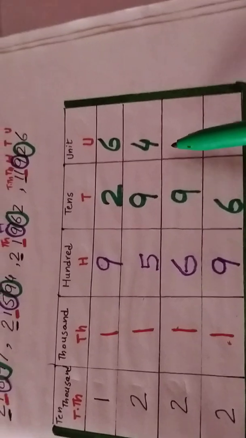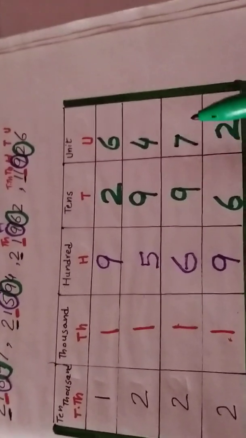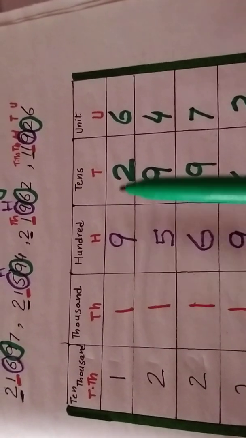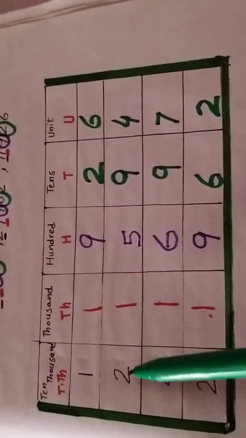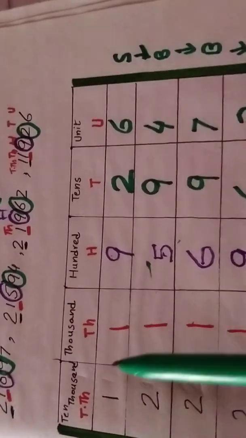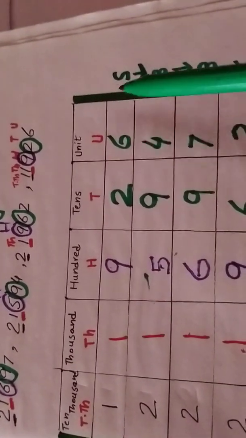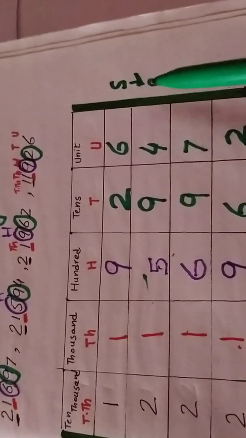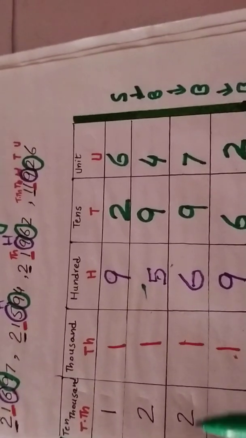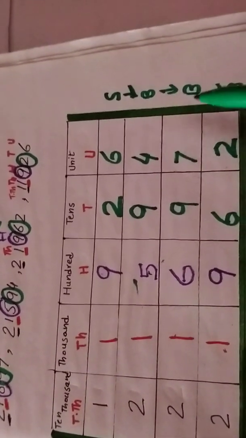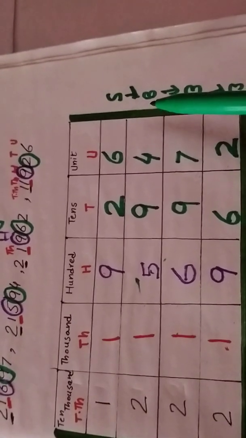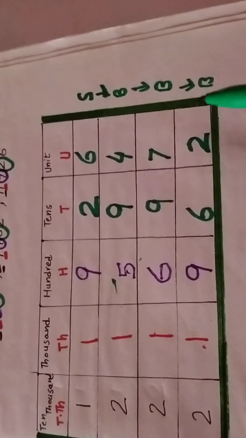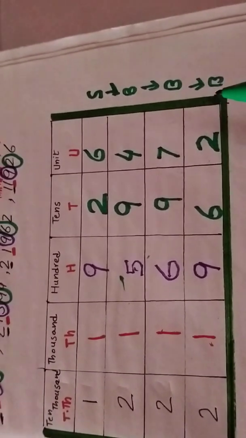It's just like a game. 11,926 is smallest. 21,594 is bigger. 21,697 is bigger than the previous. 21,962 is bigger than the previous.